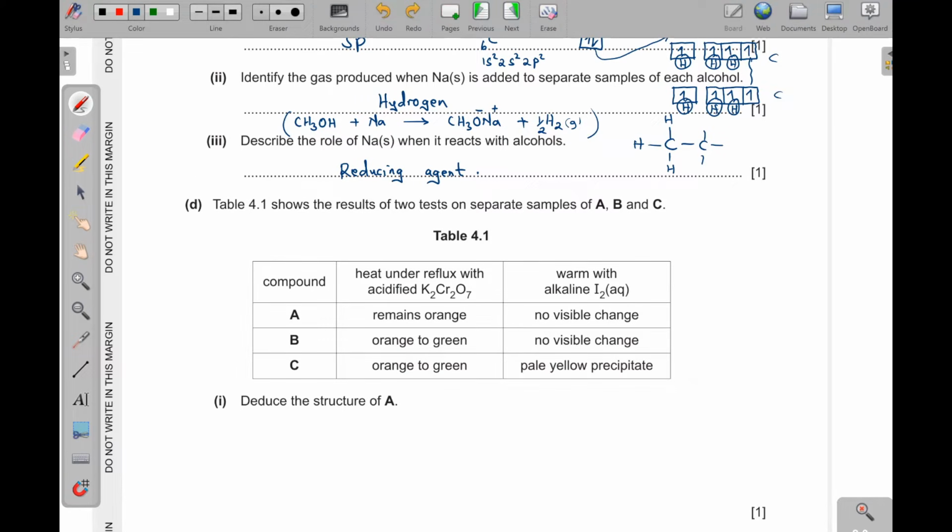Now, alkaline iodine for alcohols, for a positive test, we must have CH3, C, then OH, then H here. Maybe I can put it there. And then there is any other group that comes forth. But so long as there is this CH3. So what is going to happen is they first oxidize this one to a ketone. So you have CH3, C, this. So that group is created. Then after this CH3, the hydrogens on the CH3 are replaced by the iodides.